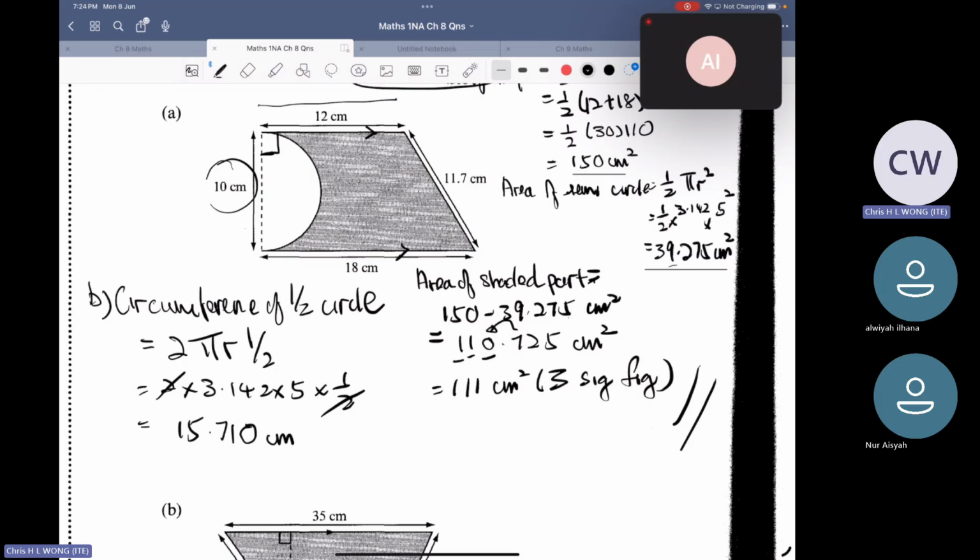So the perimeter of the figure is, so therefore, the perimeter is 12 plus 11.7 plus 18 plus 15.710. A total?